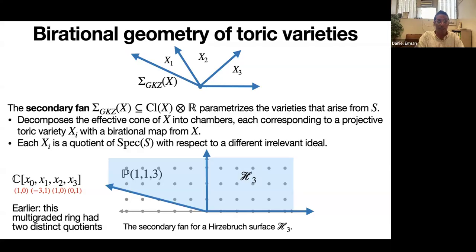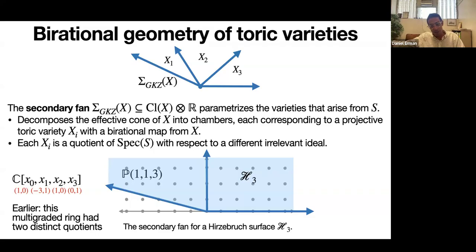So in the top picture, there's a few X's, and you get X's in various chambers. And this decomposition is the Mori chamber decomposition in birational geometry. It shows up as the wall crossing decomposition you'd see in GIT. And in toric geometry, it's called either the secondary fan or the GKZ fan. But you start with a Cox ring and you get this decomposition into regions, and the big regions correspond to that list of Xi's I'd written down.